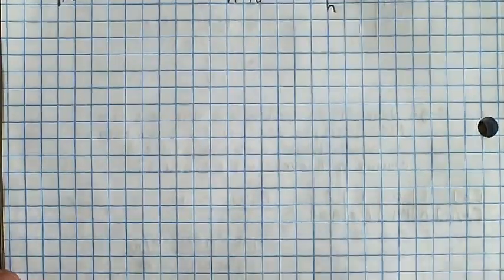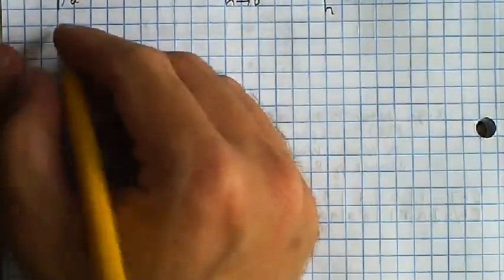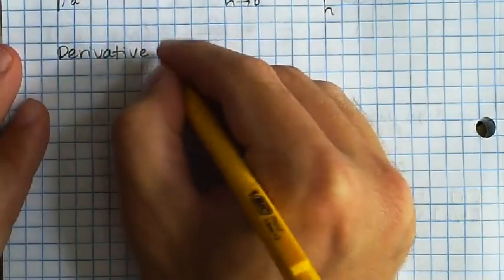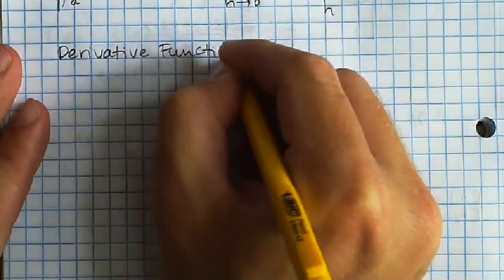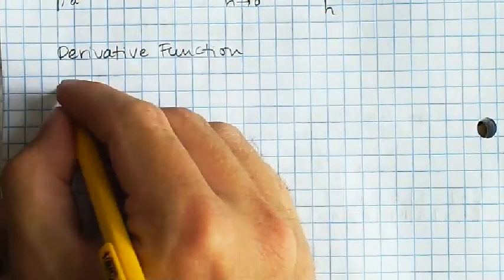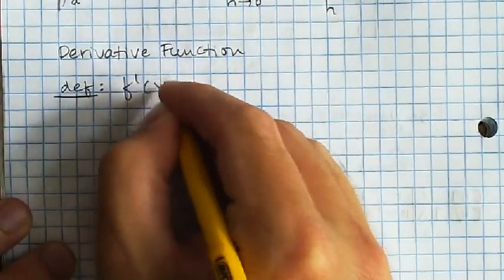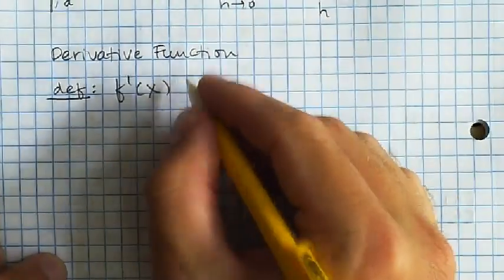Okay, so the derivative function we're just going to call it f prime of x.